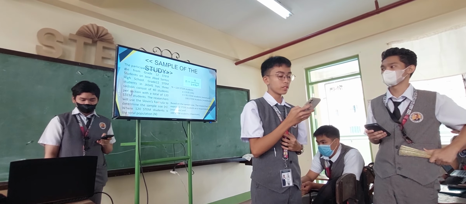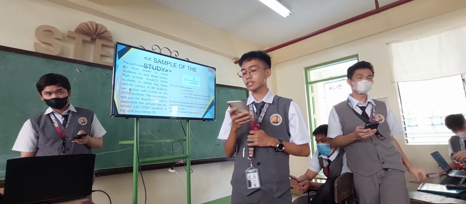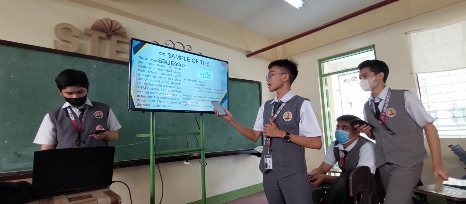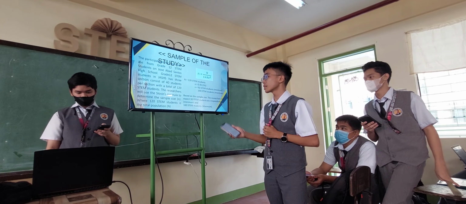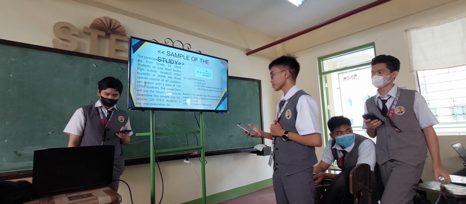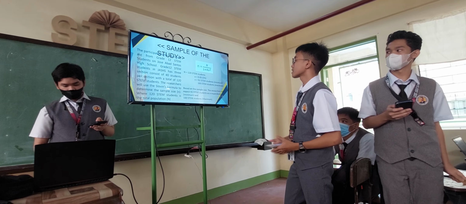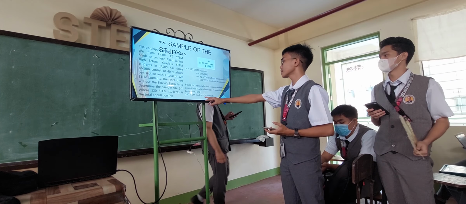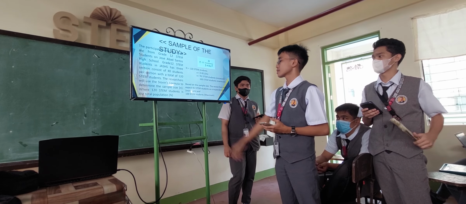The researchers will use the Slovin formula to determine the sample size, where n is the sample size and 120 STEM students is the total population. Based on the sample size, the researcher will expect 92 STEM students as respondents and 100 STEM students.